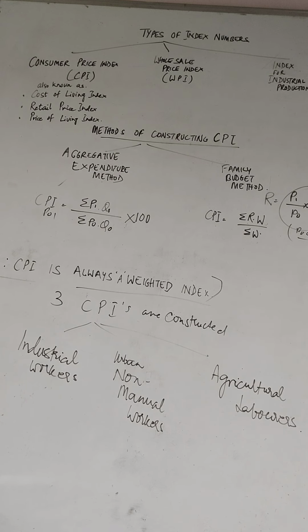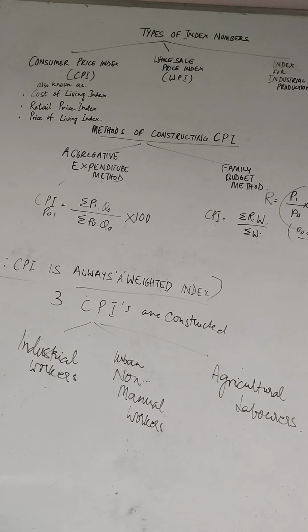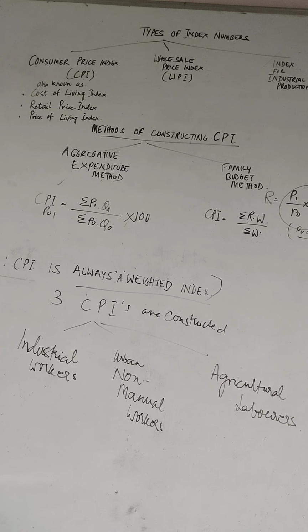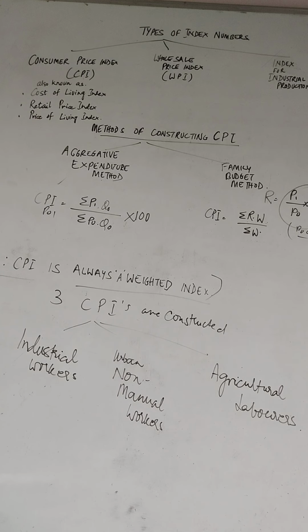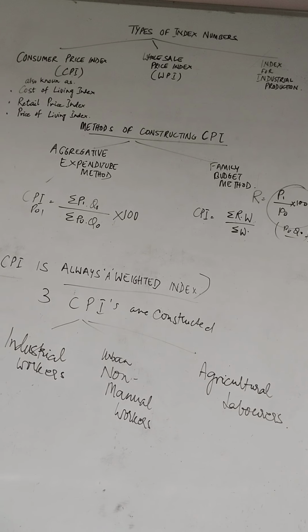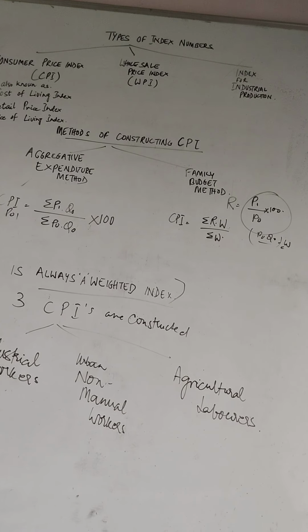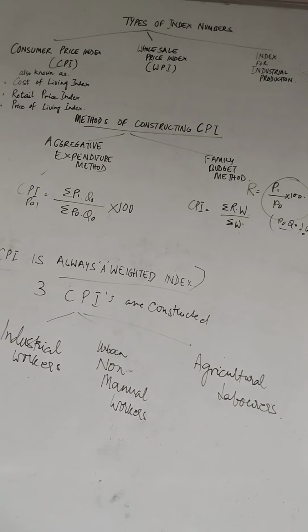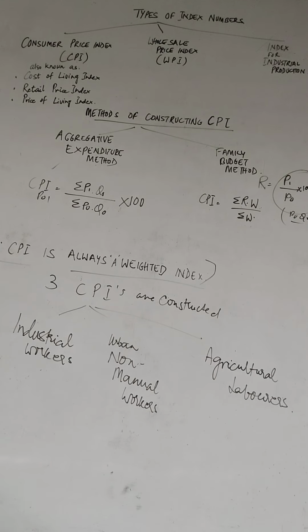Please write it down in your notebooks, make small questions: what are the types of index numbers, what is the consumer price index also known as, what are the methods of constructing consumer price index, and what are the 3 consumer price indices that are constructed. And you can also find out what the base year is. Okay, then you're good to go.